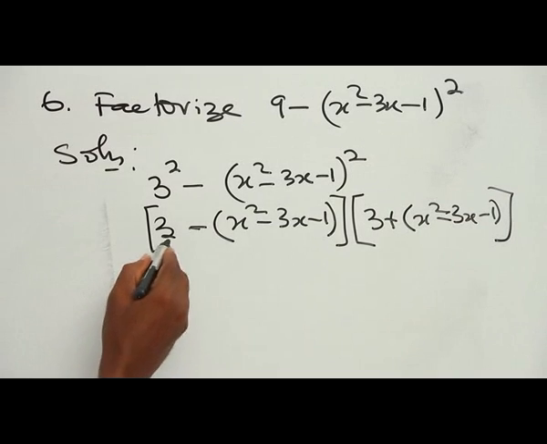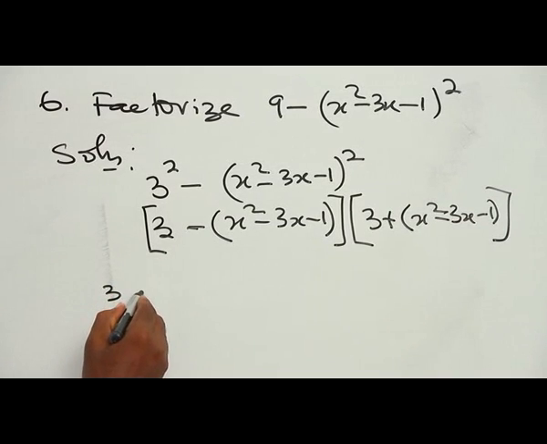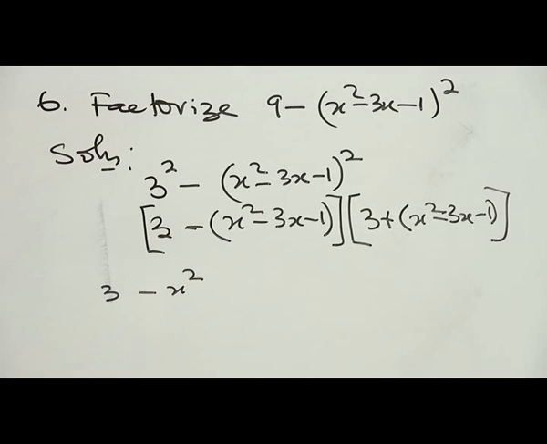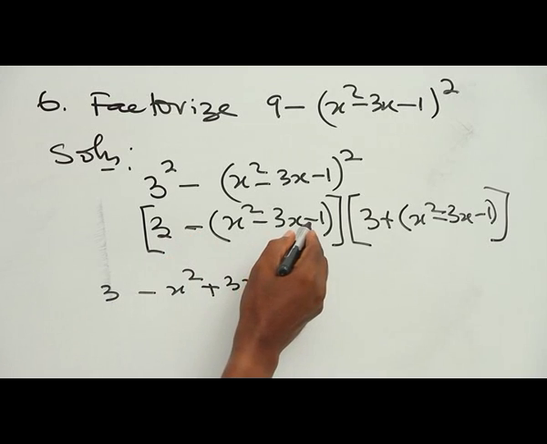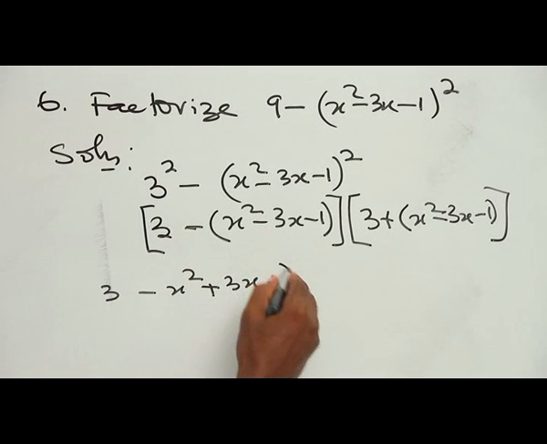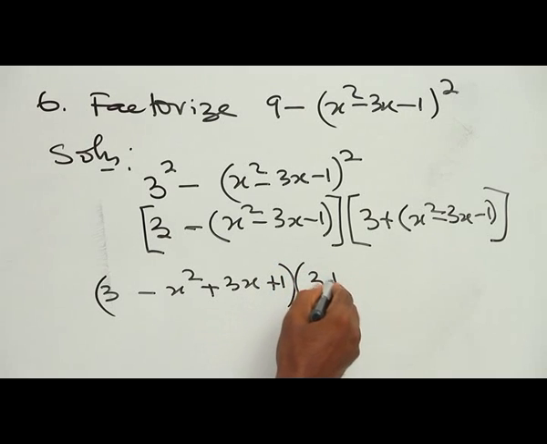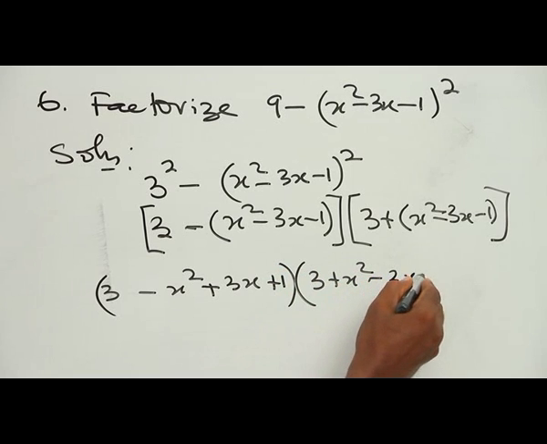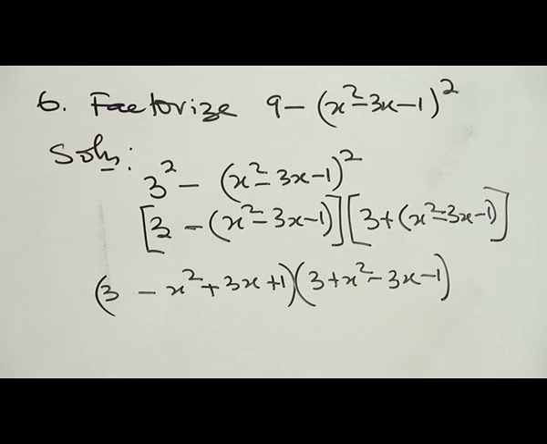Now, we can bring this out to become (3 minus s squared plus 3s plus 1), close that. You have (3 plus s squared minus 3s minus 1), close that.